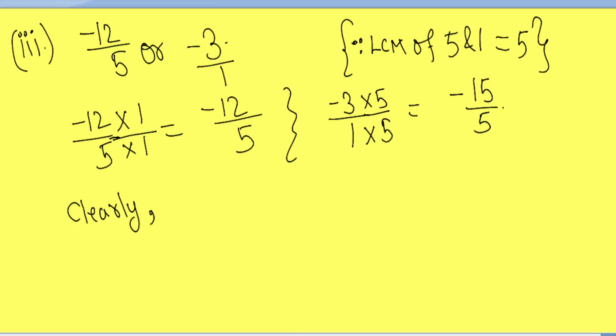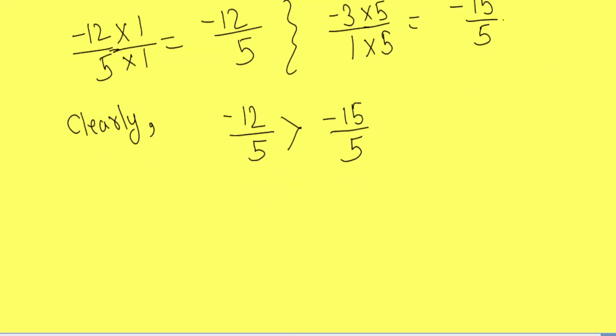See, -12 is a bigger number and -15 is a smaller number. So -12/5 is greater than -15/5.